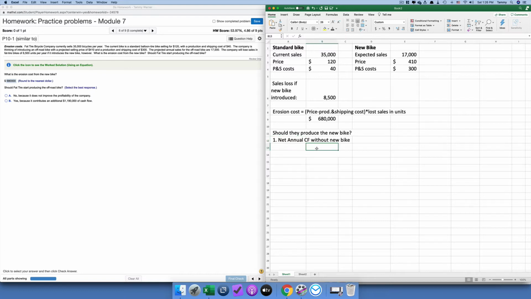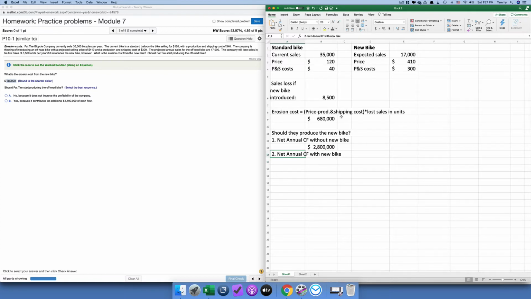So that's going to be 35,000 times that price minus variable cost. So this is their cash flow without the new bike, 2.8 million. Now the next thing you want to do is look at the net annual cash flow with the new bike, right, which is going to be the new bike sales.